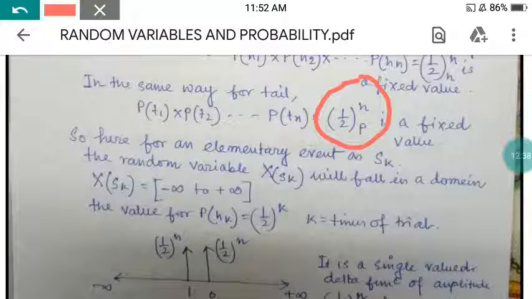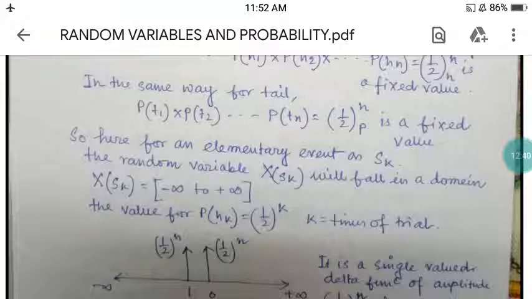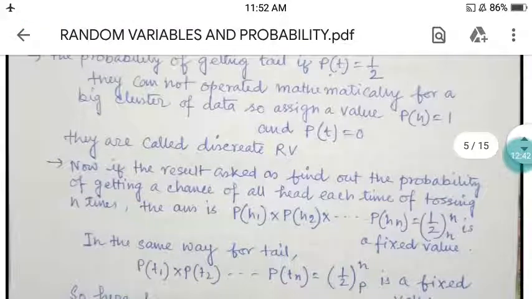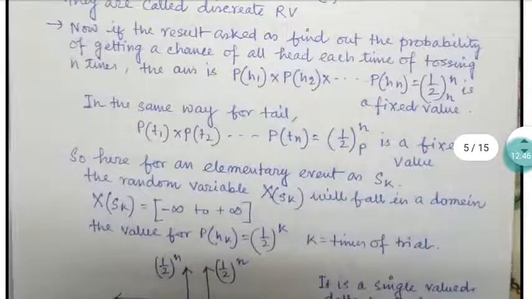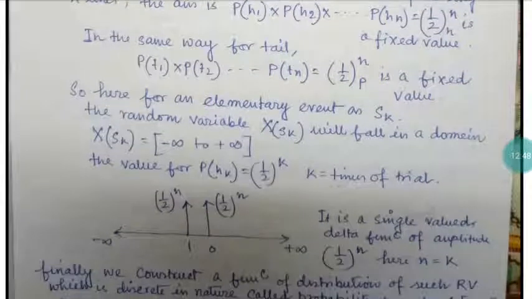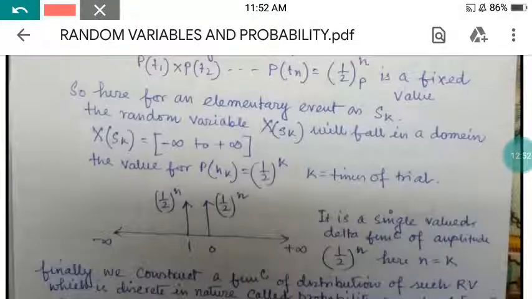Why? Because I have already considered two cases, P(H) equals 1 and P(T) equals 0. So the number of heads must lie in this particular region, which is (1/2)^n, and it is the case of 1 and 0.